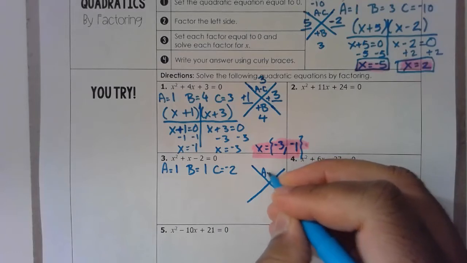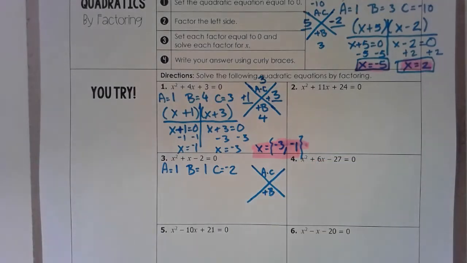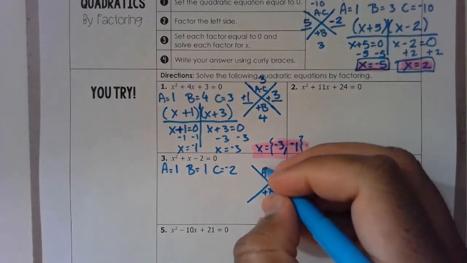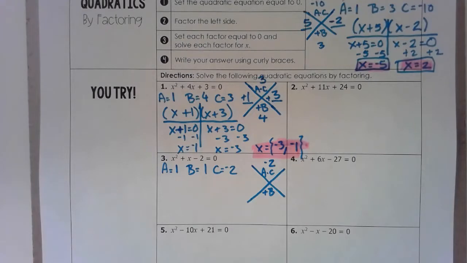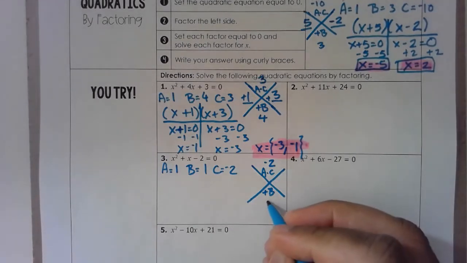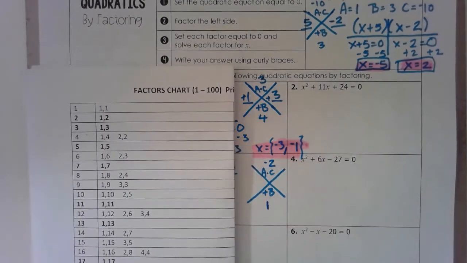So A times C at the top, but it has to add up to give me B. So if I do that, A times C, I'm going to have 1 times negative 2. So that's going to give me a negative 2 at top, but it has to add up to give me a positive 1 here.